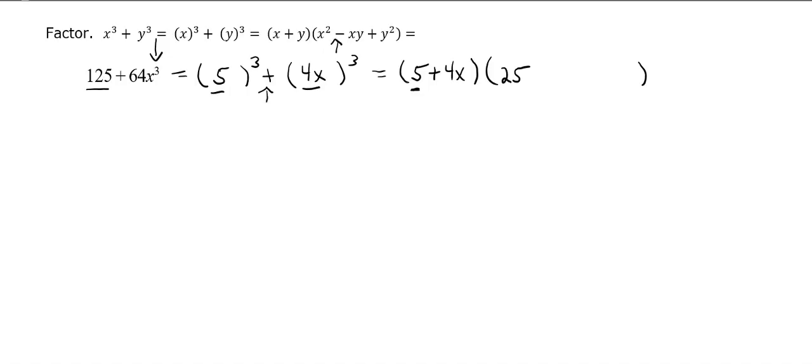Now our sign is minus in the middle. Remember, these signs will always be opposite. And we just multiply the 5 times the 4x, which gives us 20x. Last, it's always plus because we're multiplying a number times itself, and what we're multiplying times itself is 4x. So 4x times 4x is 16x squared.